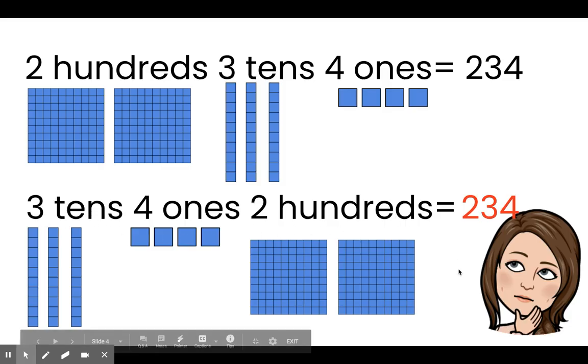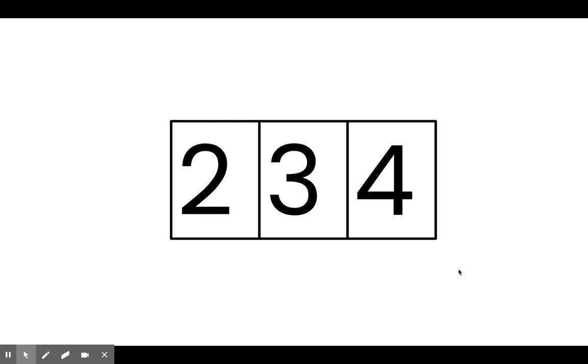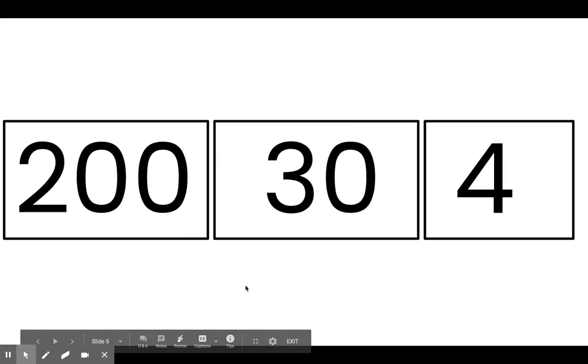Let's look at 234 on my place value cards. When I slide them together, the digits line up perfectly to make the number 234. The 4 is in the ones place, the 3 in the tens place, and the 2 in the hundreds place. I can also slide those cards apart.